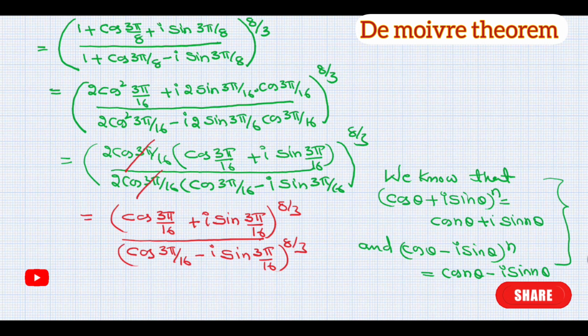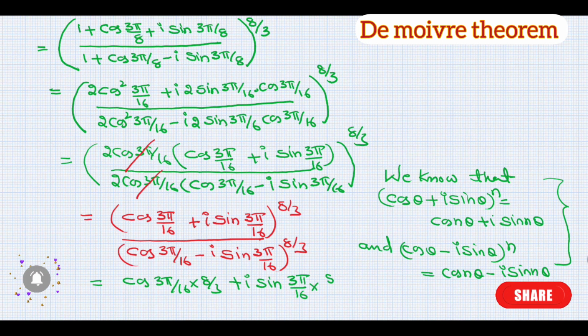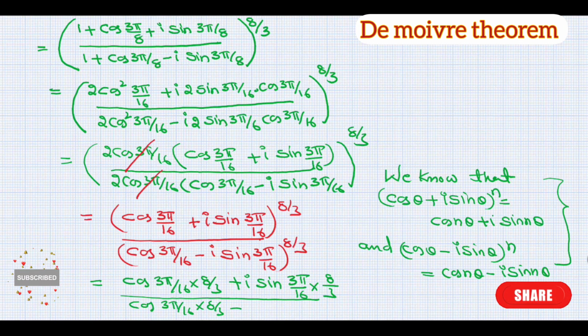Apply these two formulas in the numerator and denominator above. Then we get cos(3π/16 × 8/3), here n value is 8/3, plus i sin(3π/16 × 8/3), and in the denominator cos(3π/16 × 8/3) − i sin(3π/16 × 8/3).